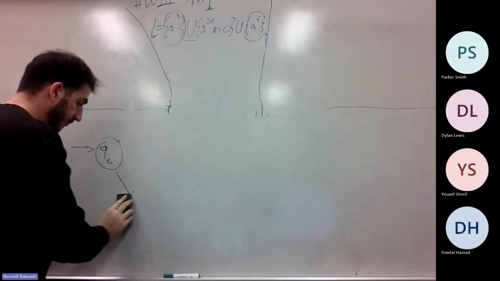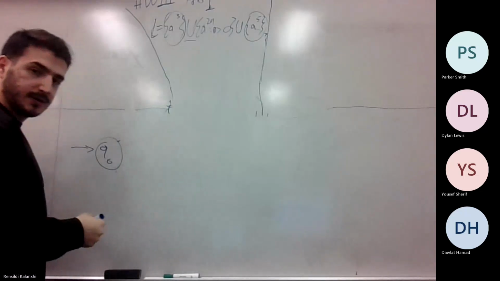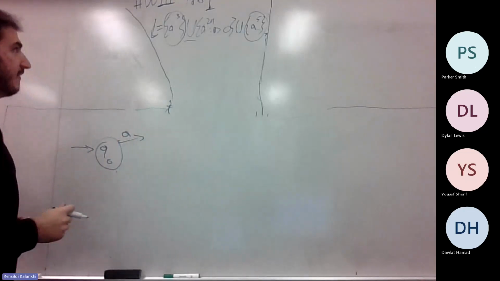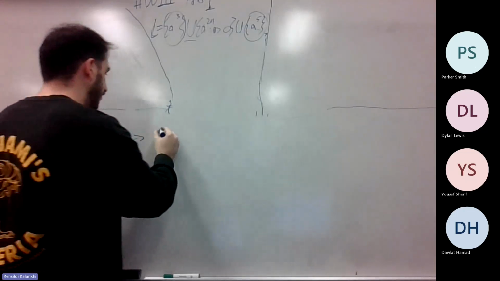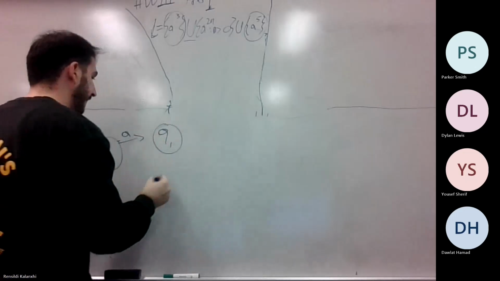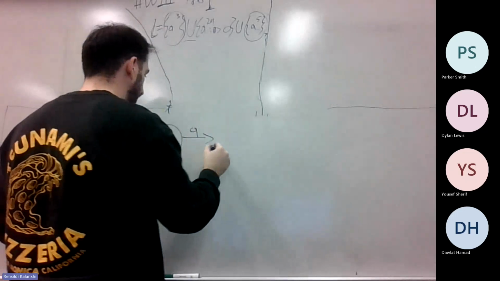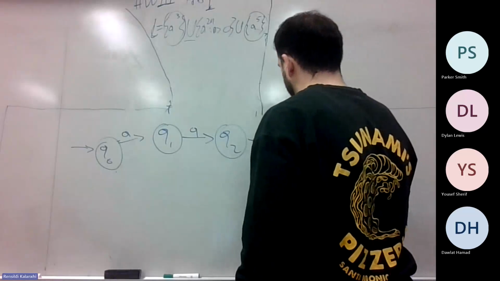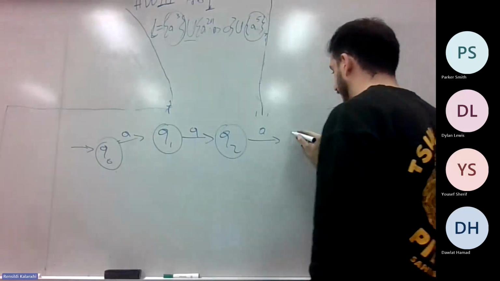Patterns really help in building these NFAs. So let's go with A first. A pointing to Q1, and then pointing another A to Q2, and another A to Q3.